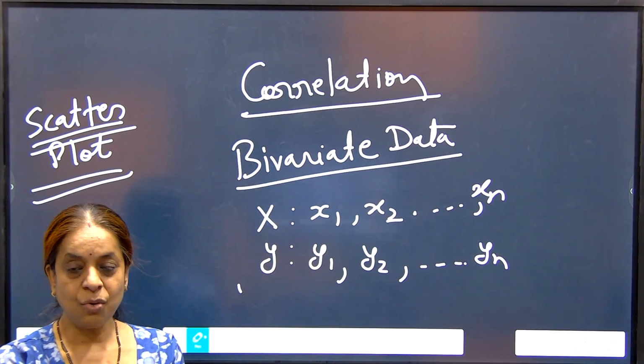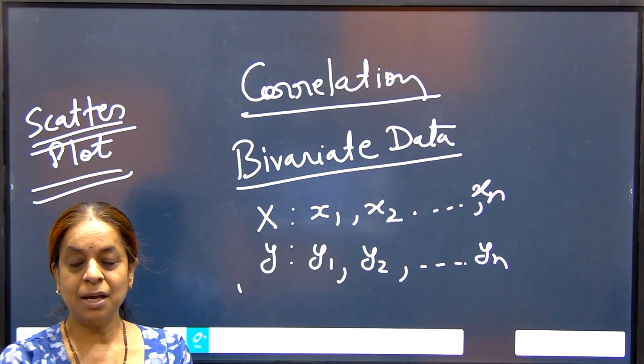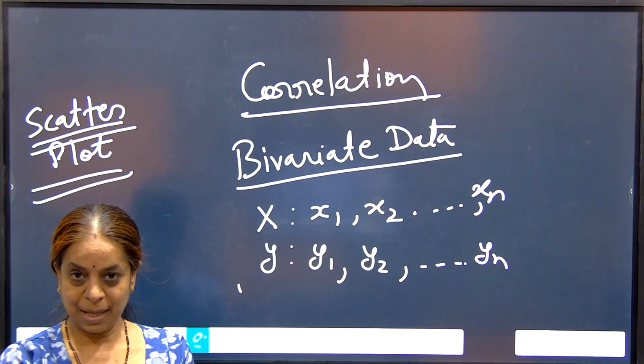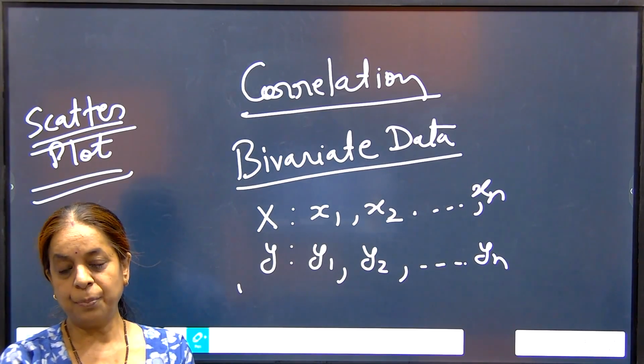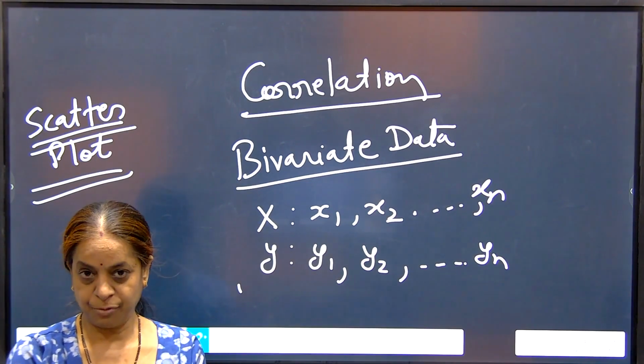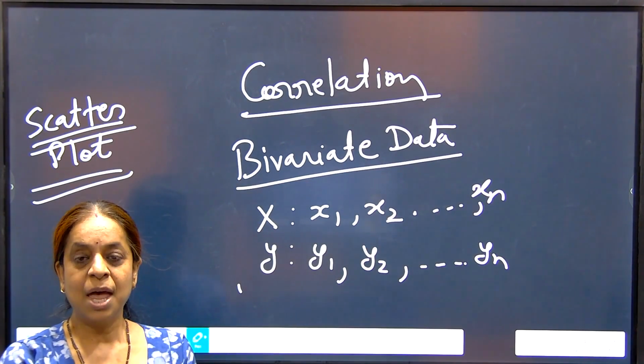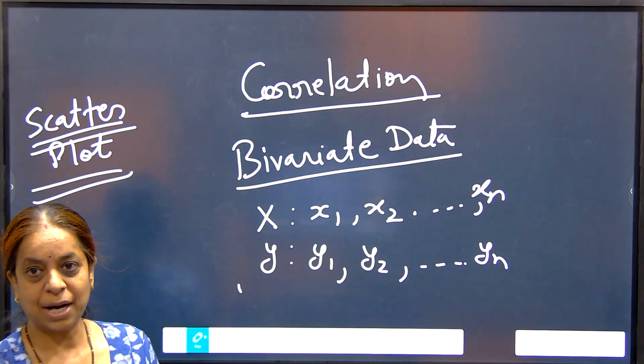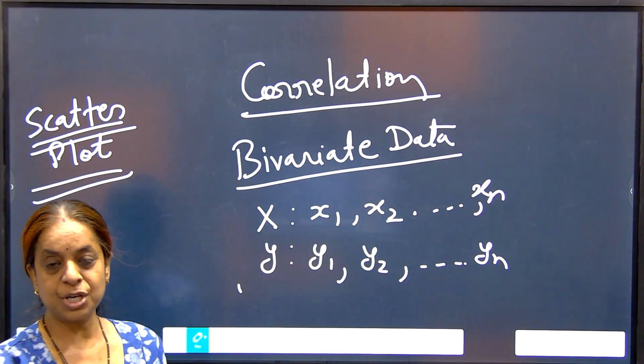So now, first of all, what have we seen? Correlation and then types of correlation. I hope you have understood the correlation term and types of correlation, positive and negative correlation. But this is all the theoretical definition of correlation.